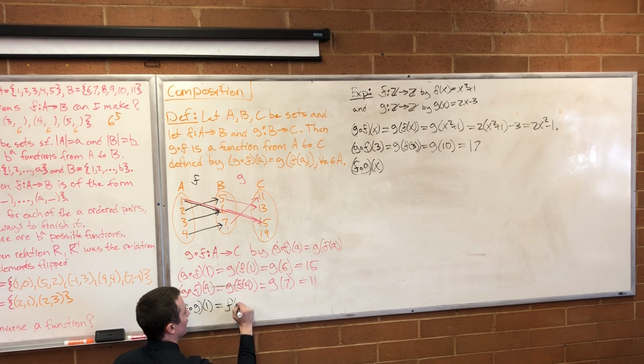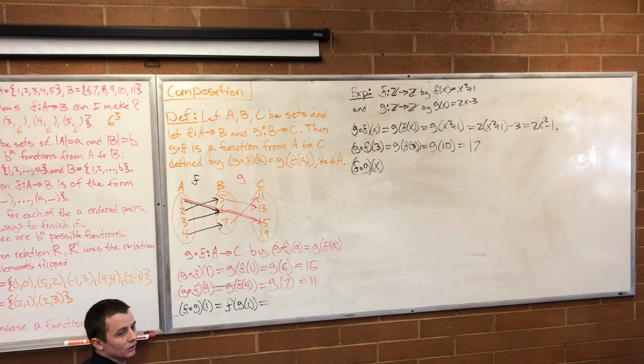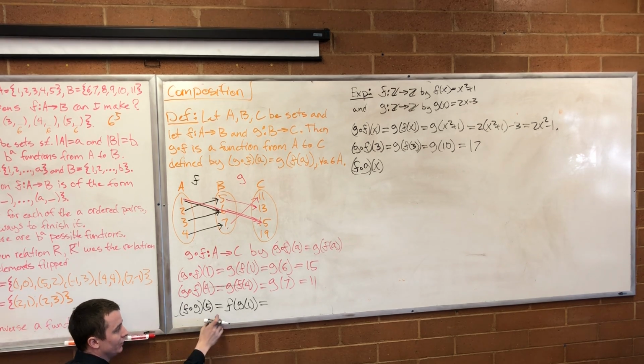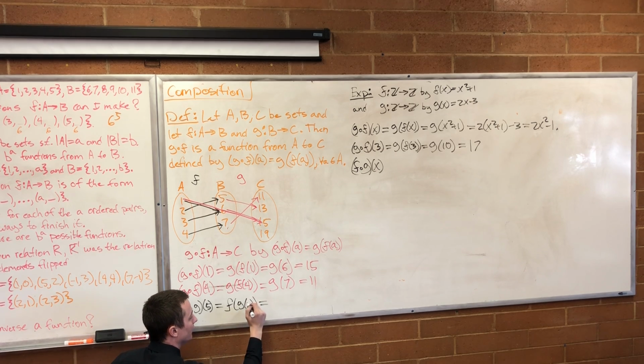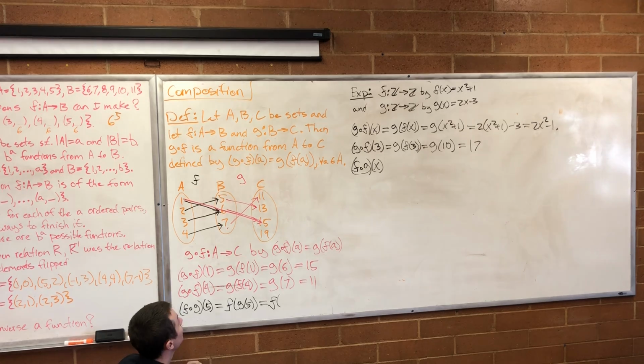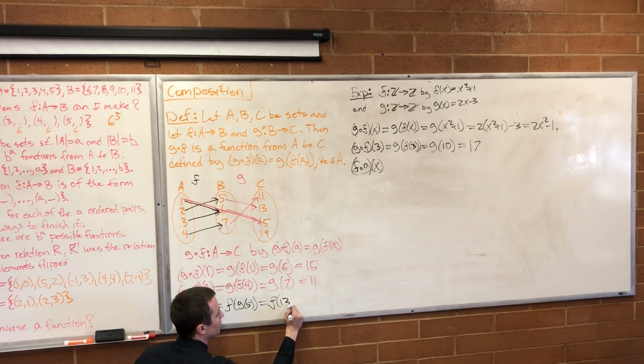That's the same thing as f of g of 1, which is equal to, there's no one. It doesn't work. It's breaking. What about f of g of 5? What's g of 5? It's 13. So what's f of 13? You can't.